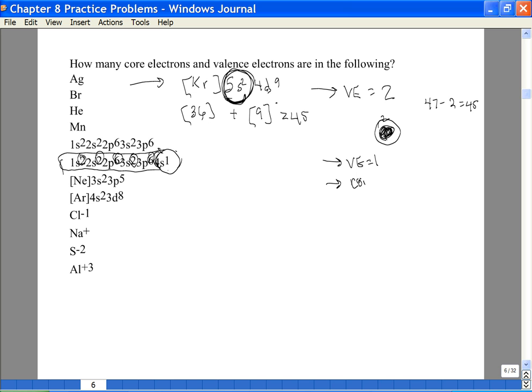Once again, looking at this one here, the highest number is 3. So we add up the total number of electrons that are in the third energy shell, and that is going to give us valence electrons, which is 7.